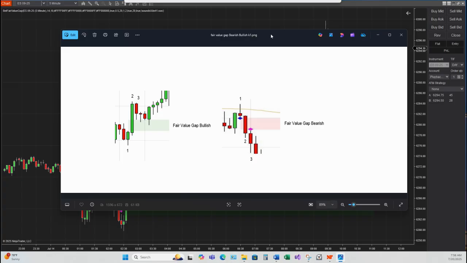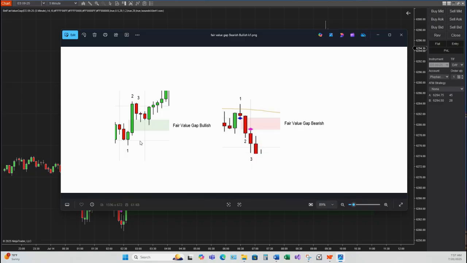I have a little illustration. Basically, we have three candlesticks that we look at. For instance, here on the left-hand side is the bullish. So we have a candlestick that ends up being small, and then we have a long candlestick, and then we end up having another small candlestick.